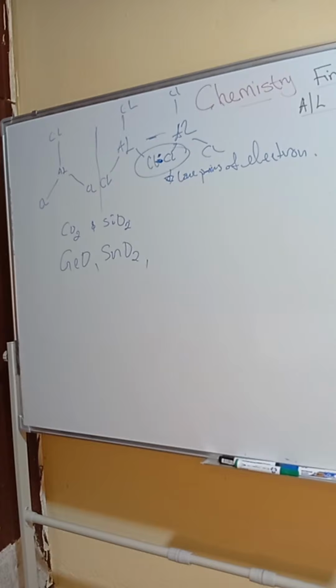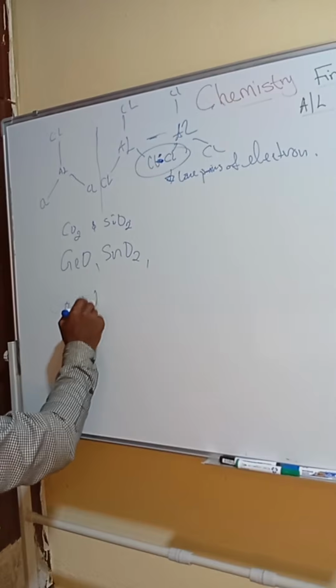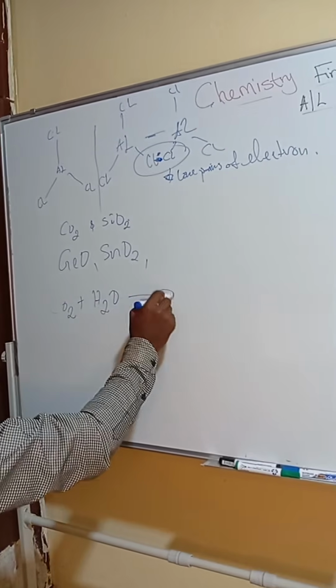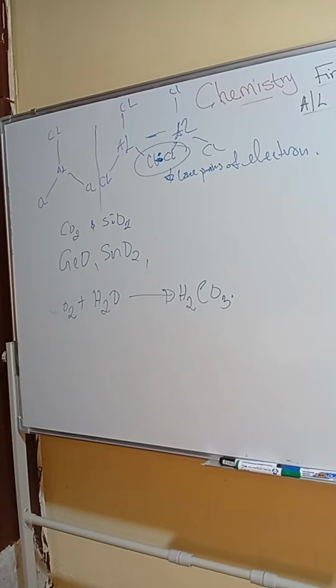If I add carbon dioxide to water, I'm going to have dihydrogen carbonate. Carbon dioxide plus water will give me dihydrogen carbonate. That's the acidic property with the aid of an equation.